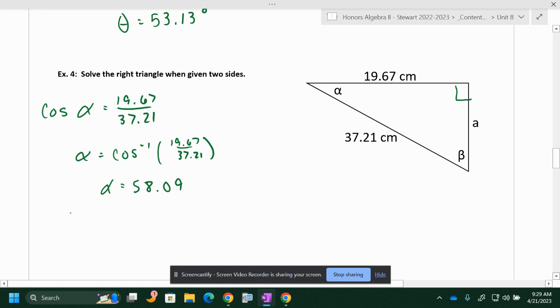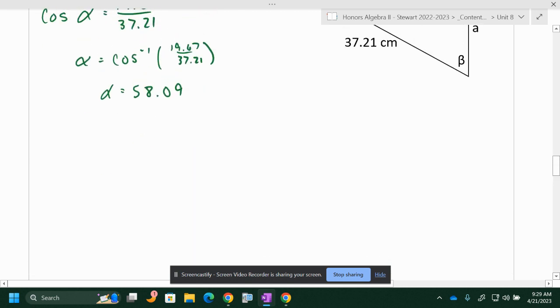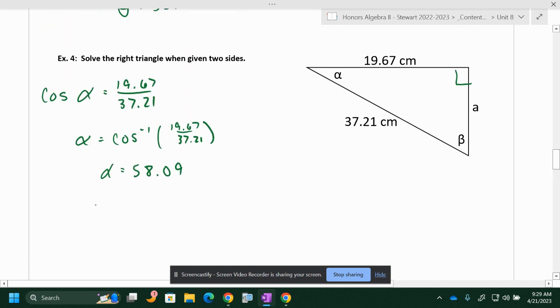Then if I'm doing beta, I apologize, I must keep hitting something. If I'm looking at where beta is, that's going to be my opposite and my hypotenuse. So I'm going to do sine of beta is equal to 19.67 over 37.21.